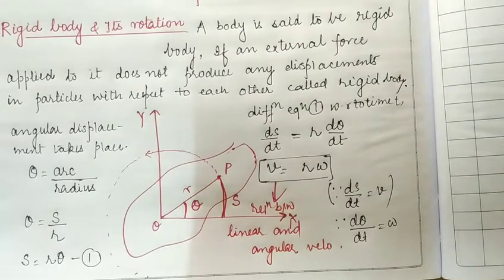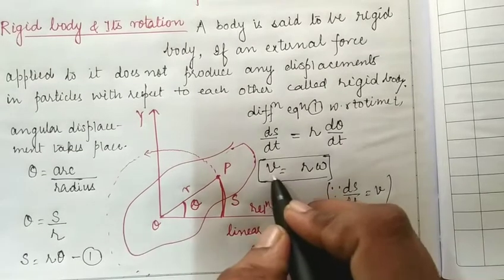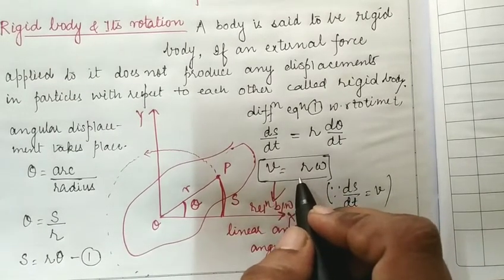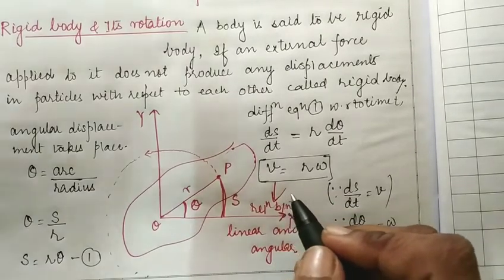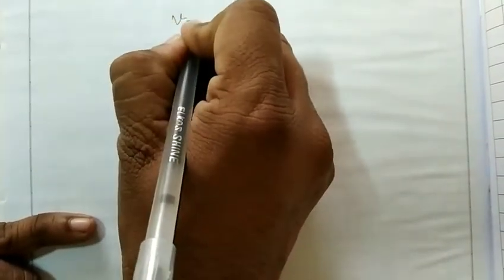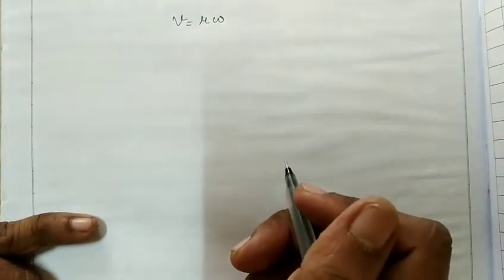Students, if again we differentiate this equation, v is equals to r omega, with respect to time t, then what will we get? As we have calculated, the linear velocity is the product of angular velocity and the radius of the path, v is equals to r omega.